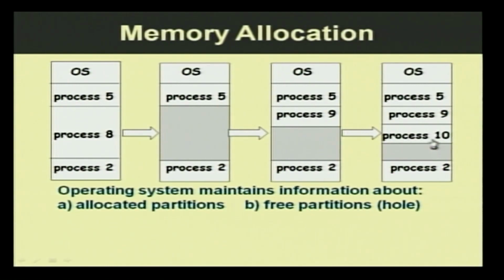If some more process called process 10 comes for execution, it is also given room inside the available memory space, and therefore you can visualize the larger hole gradually getting smaller and smaller. Once this hole becomes so small that it cannot be allocated to any other process, the operating system stops allocating processes inside the memory. This is how memory allocation happens inside the operating system.